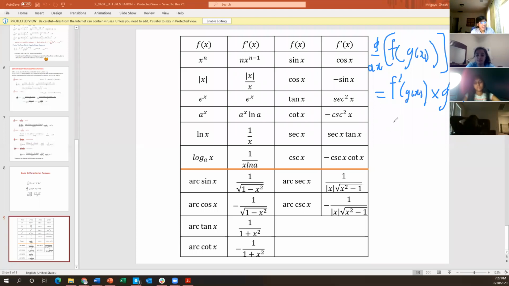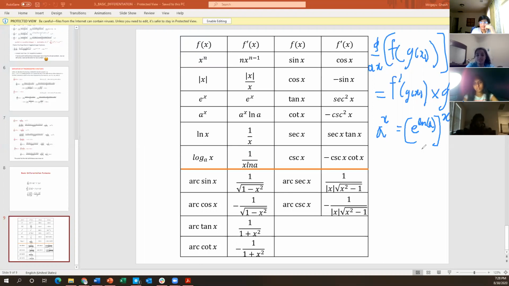So if I have a to the x, I'm trying to find its derivative. I need to work it into a form of e to the x that I can work with. How can I write this? I can write this as e to the natural log of a, to the x power.